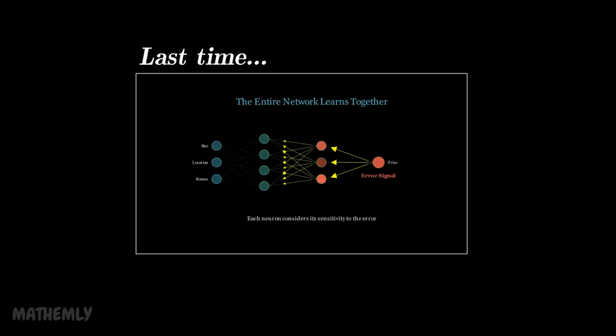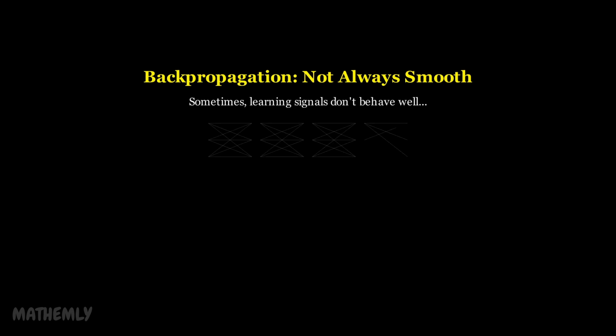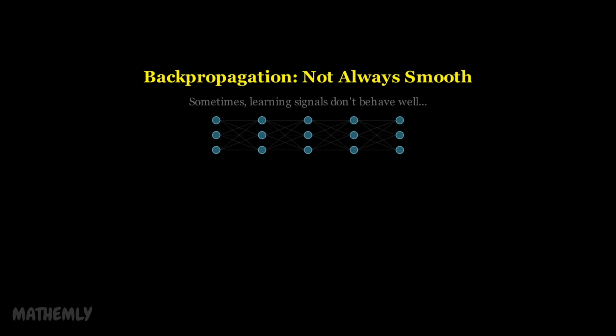Welcome back to our neural networks series. In the last video, we saw how backpropagation allows a network to learn by sending error signals backwards and adjusting weights step by step. But here's something important. Even though backpropagation is powerful, it doesn't always work smoothly. Sometimes the learning signals become too small and learning almost stops.